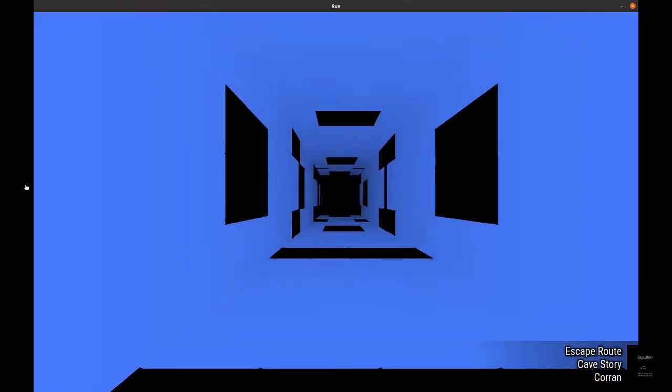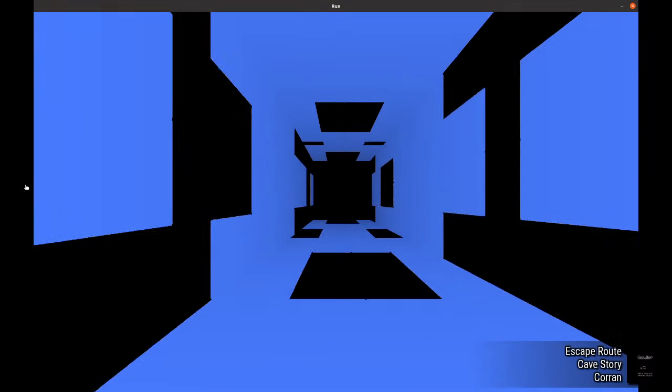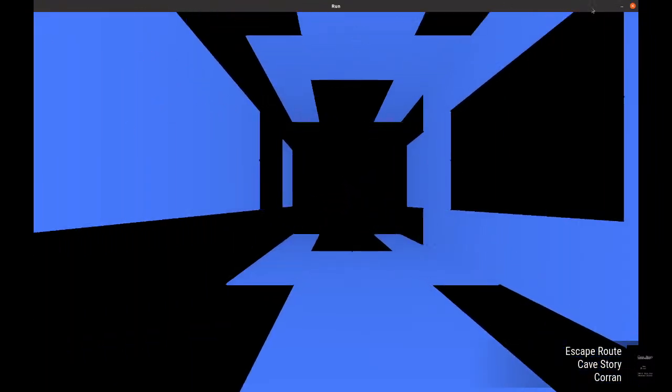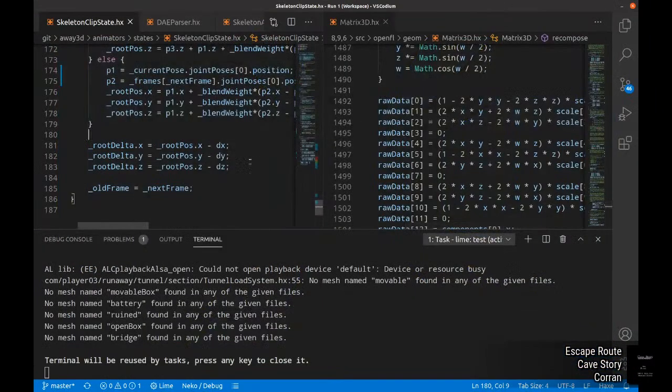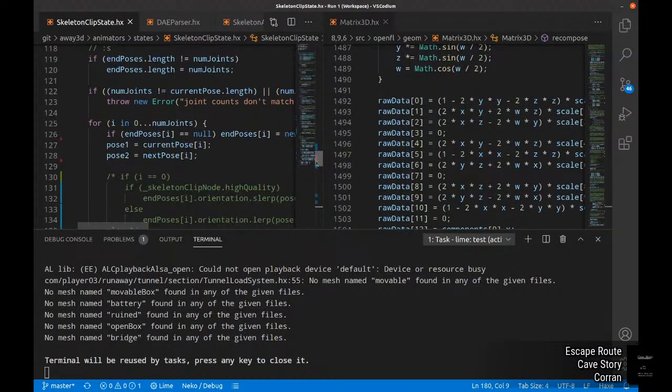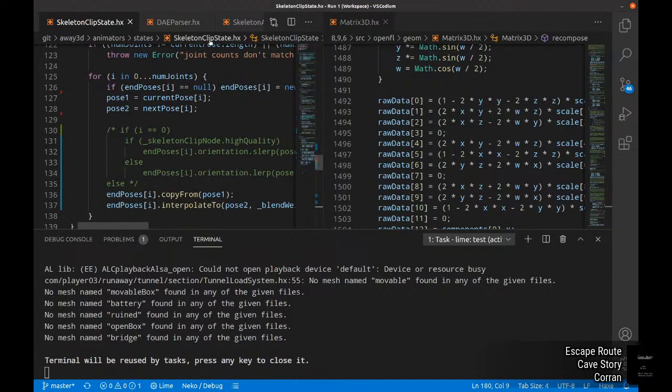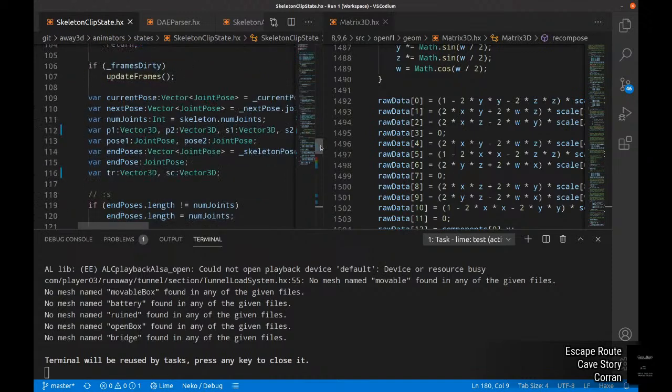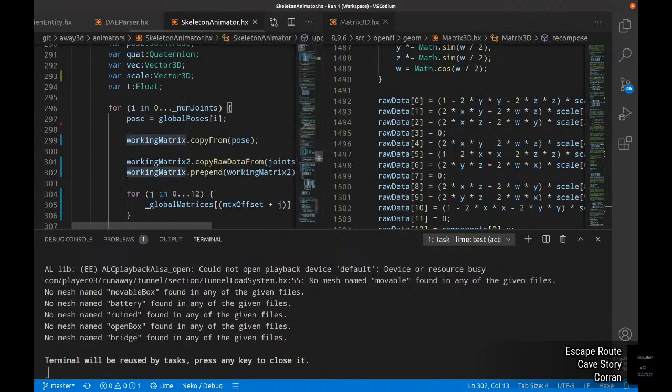Let's see how messed up it is. Well, that's how messed up. There is no runner. That's pretty messed up. I wish I knew why.